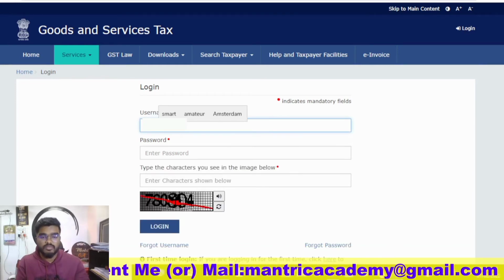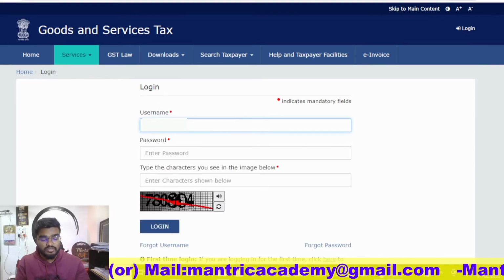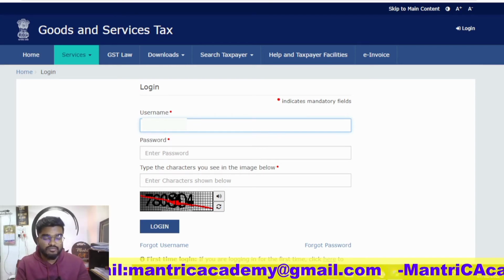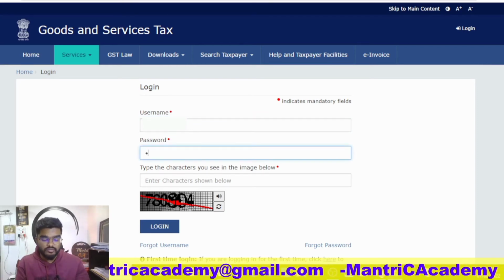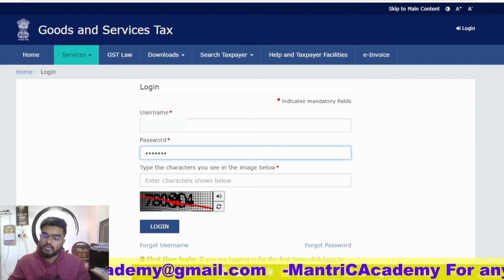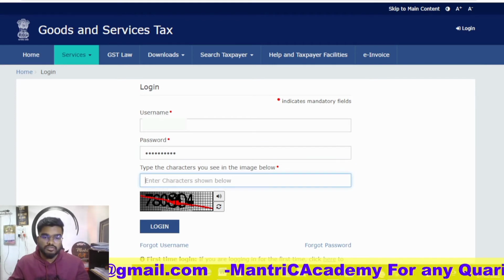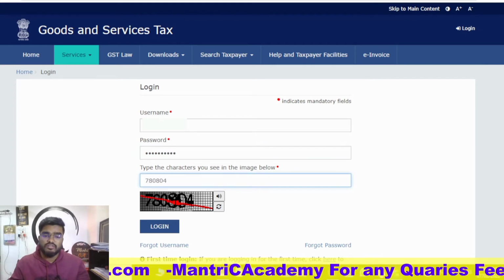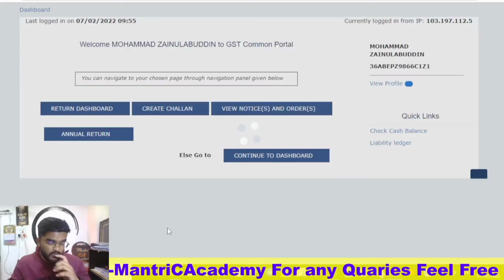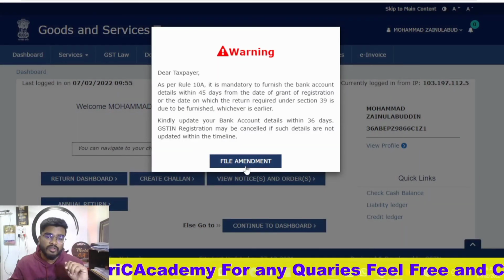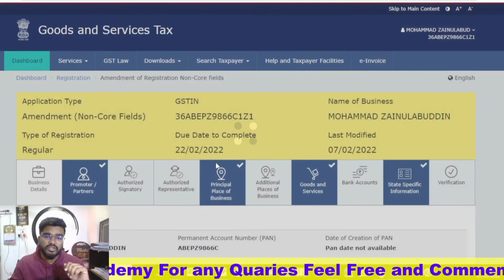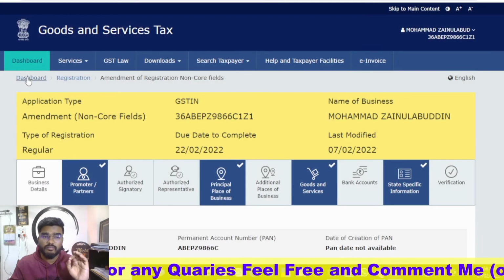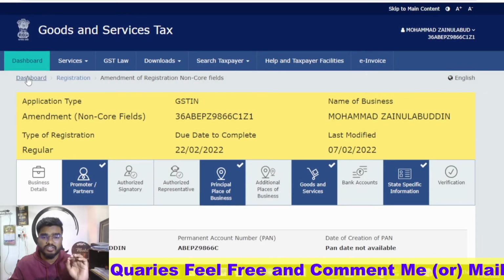For the October, November, December quarter, the due date is January 18th, the 18th day of the next month. We have crossed the due date. Till now there are fines, but in the composition return, fines are not being charged, so we can directly file with 1% tax.